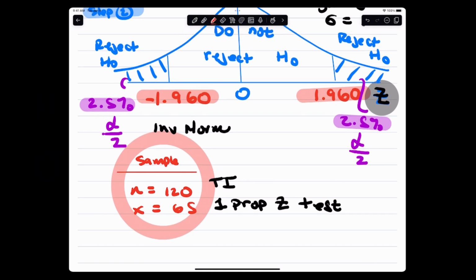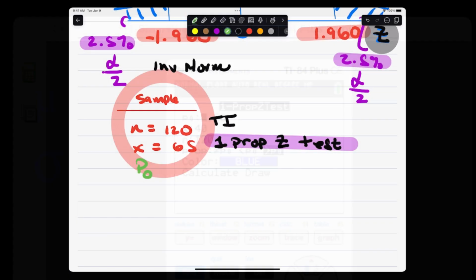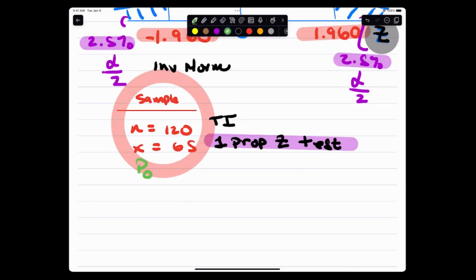We're doing step number 4, computing that test statistic. It's 1 proportion Z test. Now we're going to have to enter the information here. What does that first entry say? P naught. You go, oh my God, what is P naught? You see P naught over here.